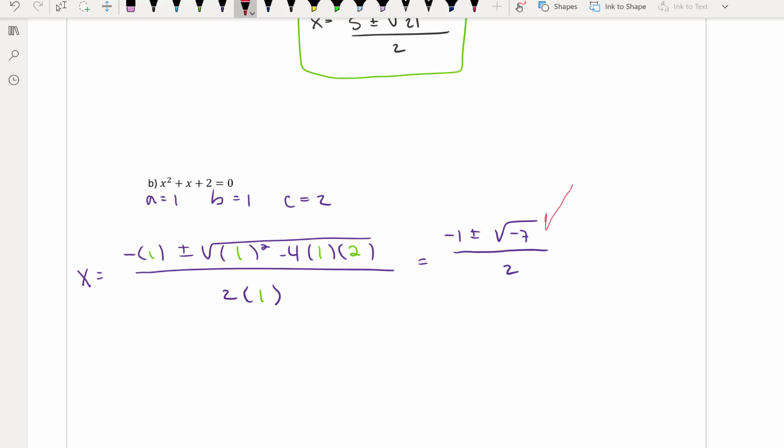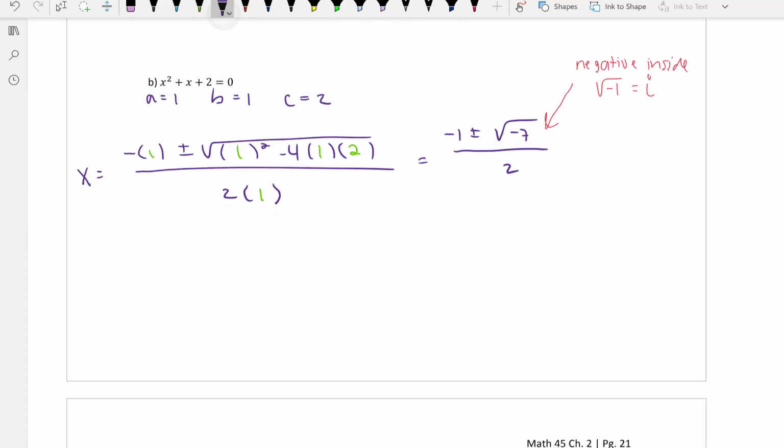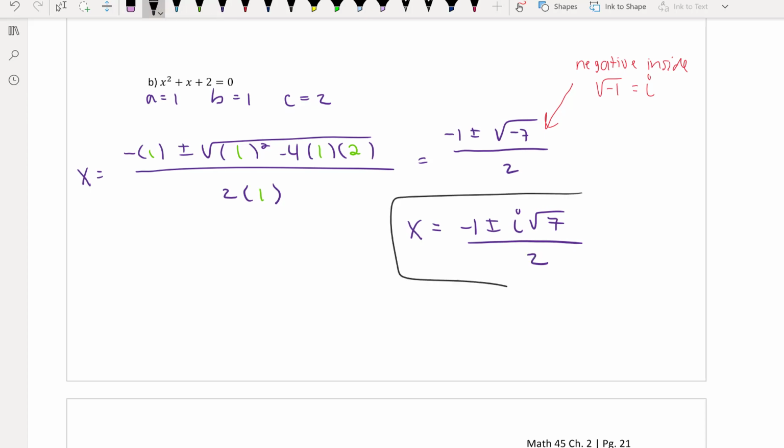So just know that whenever I have a negative inside the square root, then that means it's going to be imaginary. So I know I'm going to have an imaginary number. So x is equal to negative 1 plus or minus i square root 7 over 2. So now I have my imaginary number.